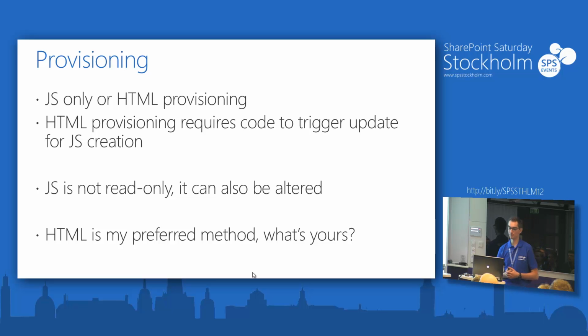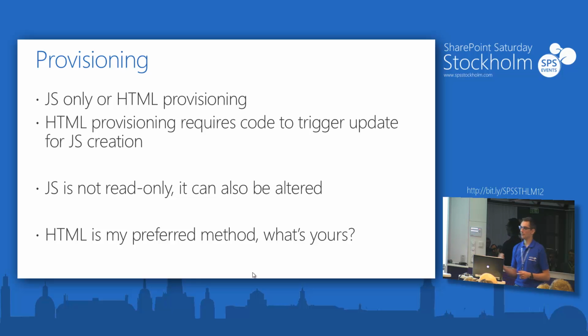Doesn't matter what you use. If you use HTML provisioning, you need to know that the HTML needs to have a trigger to get the JavaScript updated. You need some code that just updates the file. You don't need to modify the file, just update it and it will generate a new JavaScript file.